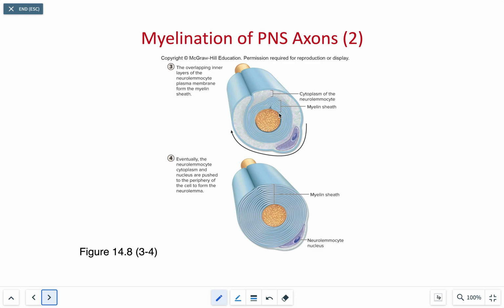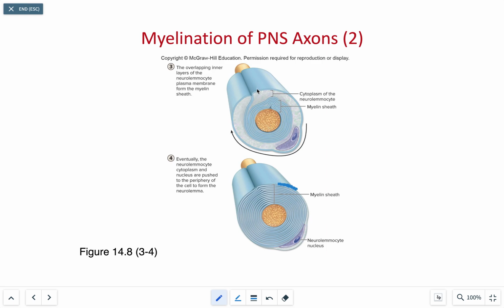In step number 3, we begin to see, as this process continues, the neurolemmacyte continues to wrap around, and we're going to see the cytoplasm of the neurolemmacyte start to form this outer ring of myelin, which is the outer edge, a very delicate, thin outer membrane of the neurolemmacyte, which is called a neurolemma.